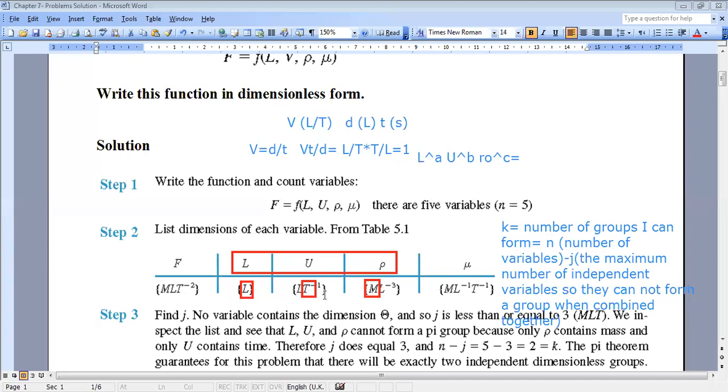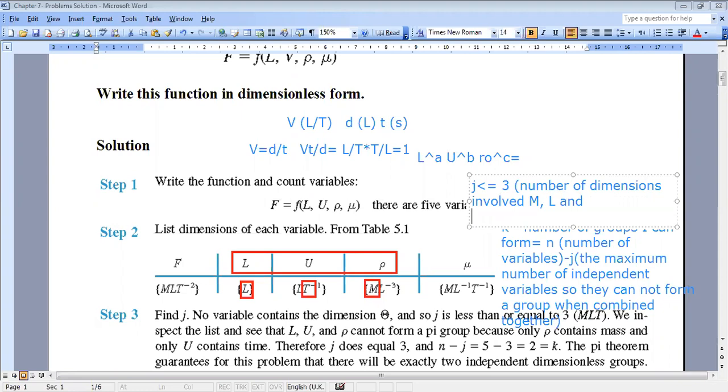M, L, and T. So I can say that J is smaller than or equal to 3, which is the number of dimensions involved.